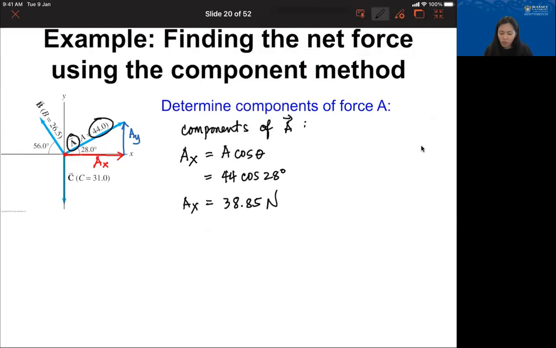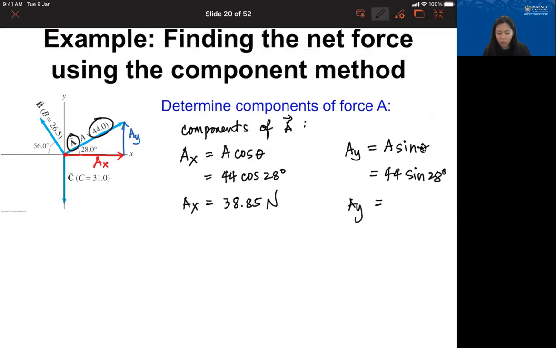Then you also calculate the y component. The y component is the side that is opposite the angle theta, so you use the sine of theta. Again, you have vector A, 44 newtons, times the sine of 28 degrees.